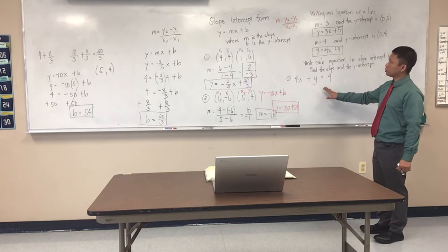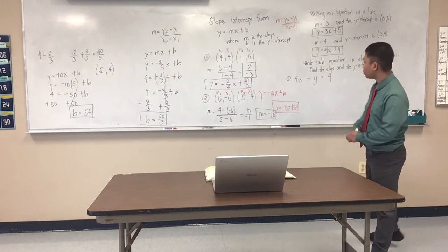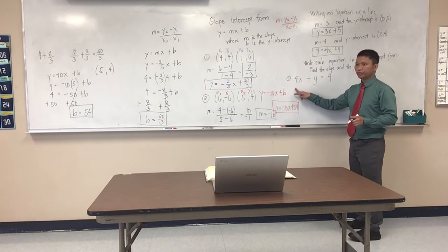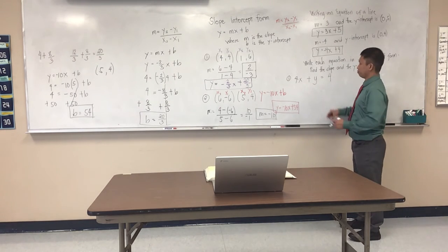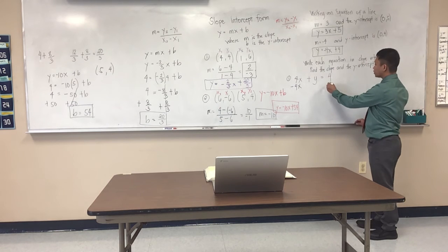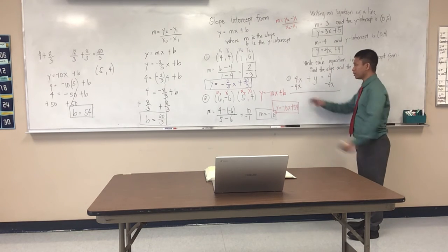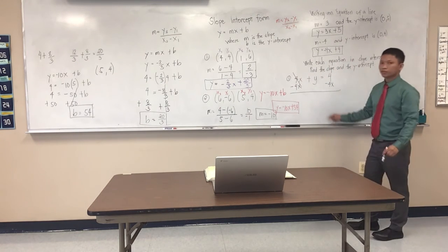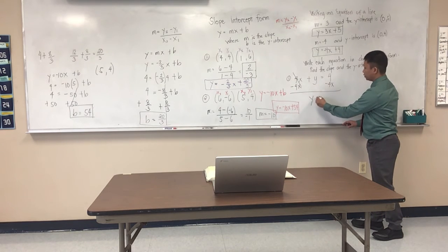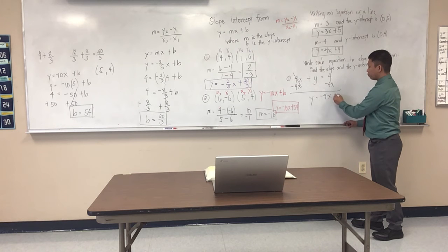To transform this into slope-intercept form, we are going to eliminate 4x. We should subtract 4x on the left side, and we will also subtract 4x on the other side. 4x minus 4x will be cancelled already. So we will have here y equals -4x plus 4.